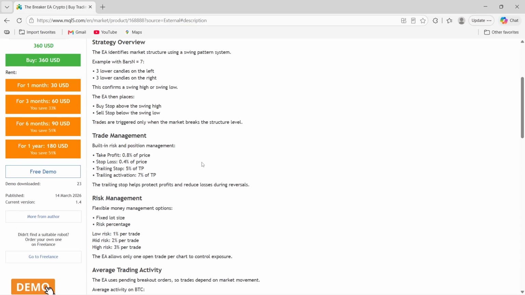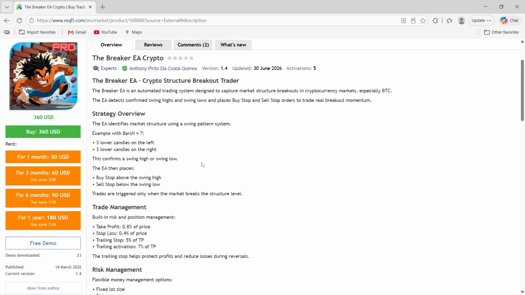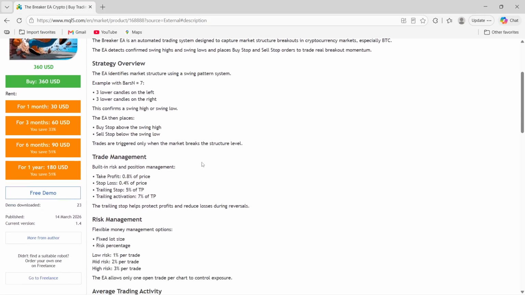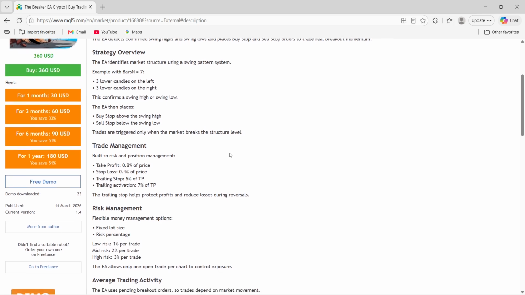Alright, so as for the key features, they typically include customizable breakout parameters, confirmation filters, dynamic or fixed stop/take profit levels, and possibly trailing stops to let winners run. Lot sizing options, fixed or risk based, are important for volatile crypto.